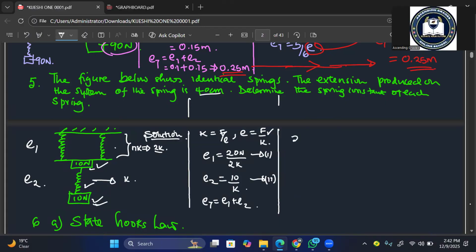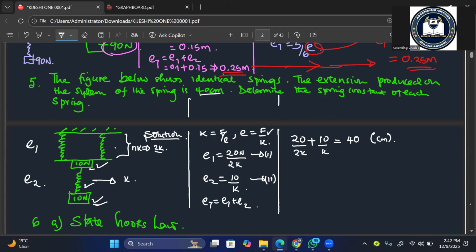So 20 out of 2K plus 10 out of K, they are supposed to be giving us the total extension, which is 40 centimeters, which is 40, it is in centimeters. So anything that you are going to get there, you shall be having spring constant in Newton per centimeter.